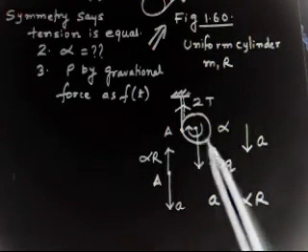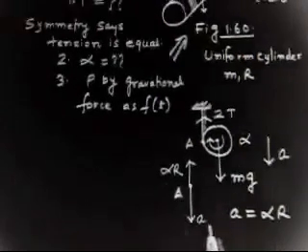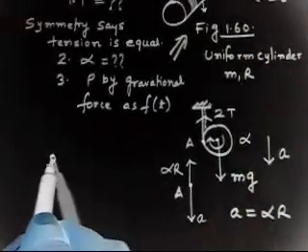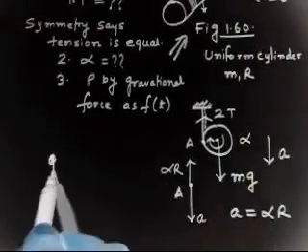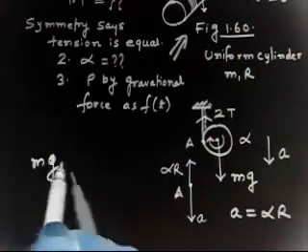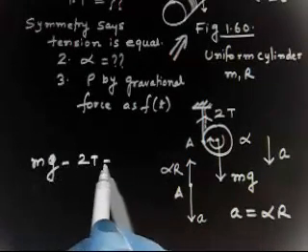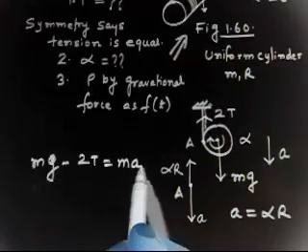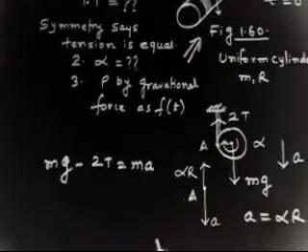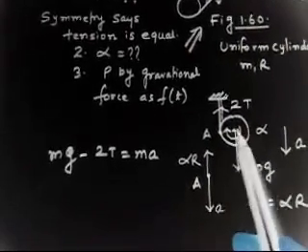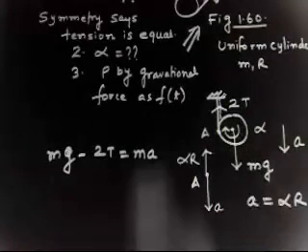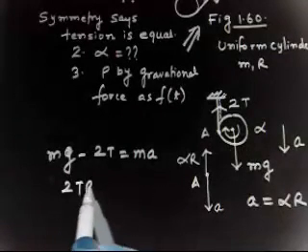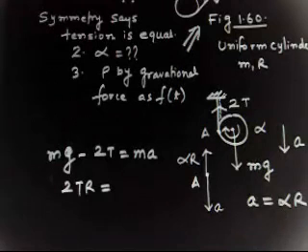Now things are very simple. I can write the equations. Going downward, mg minus 2T equals mass into acceleration. This is equation 1. And another equation you will have is the torque of 2T. So 2T into r, this is torque, equals I alpha. Are you getting?